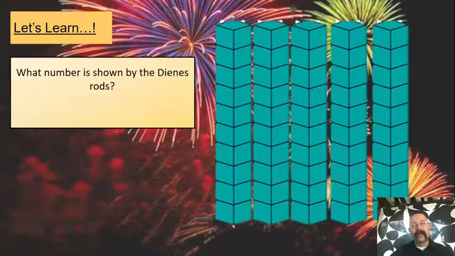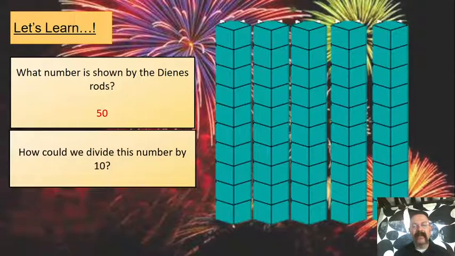Okay, so we've got some Dienes rods in front of us. Have a look at them, and what number is represented here by the rods? Hopefully you would have said 50. There are 5 tens, so 5 tens equals 50.